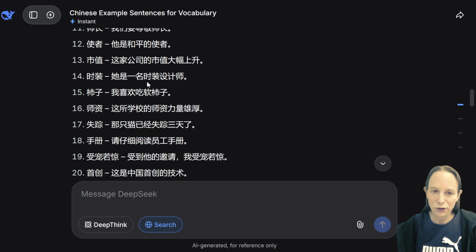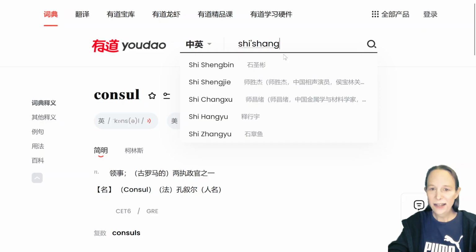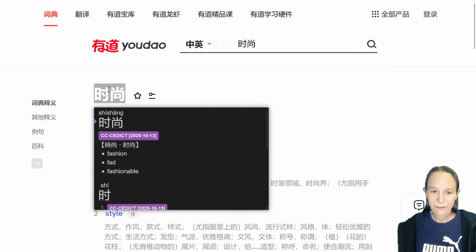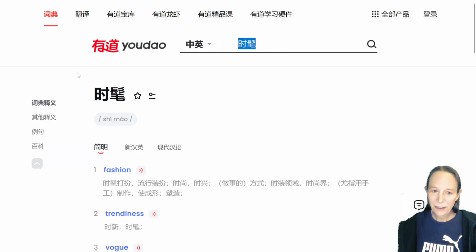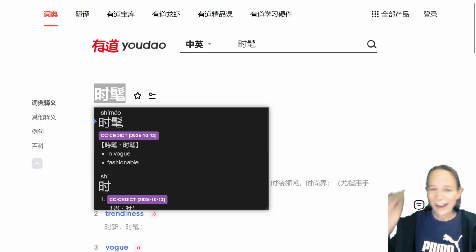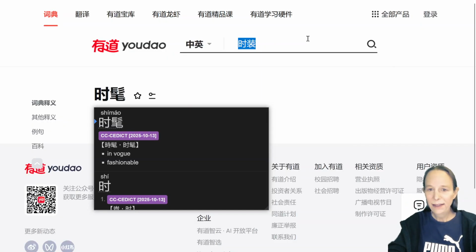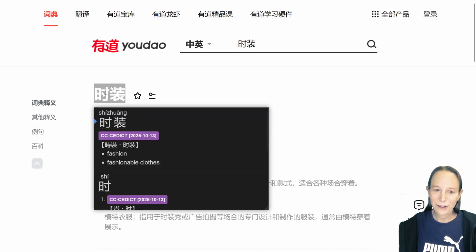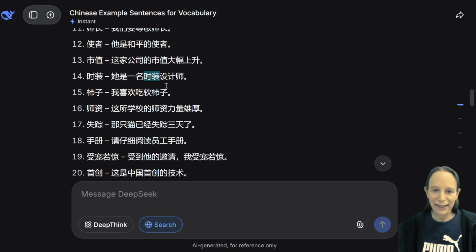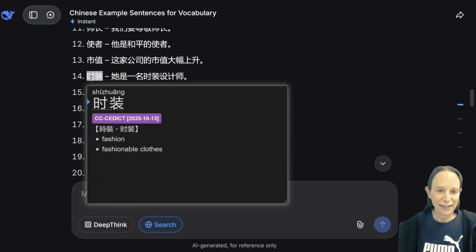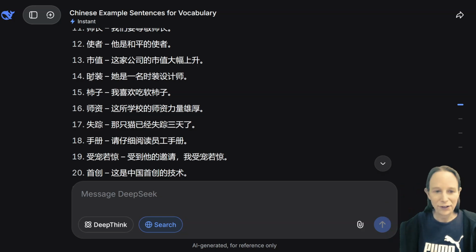There's multiple other words: 时尚, fashion, 时髦, fashion. Okay, 时装. But at least 装 here pertains to clothes. I kind of don't care, but fashion designer. It's a thing, I will note it.